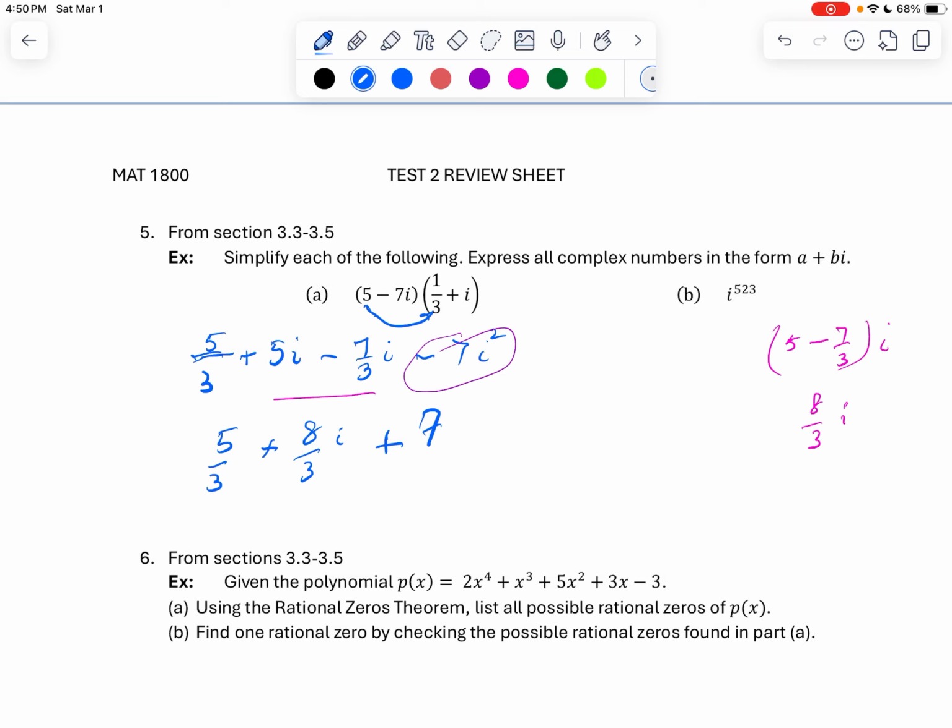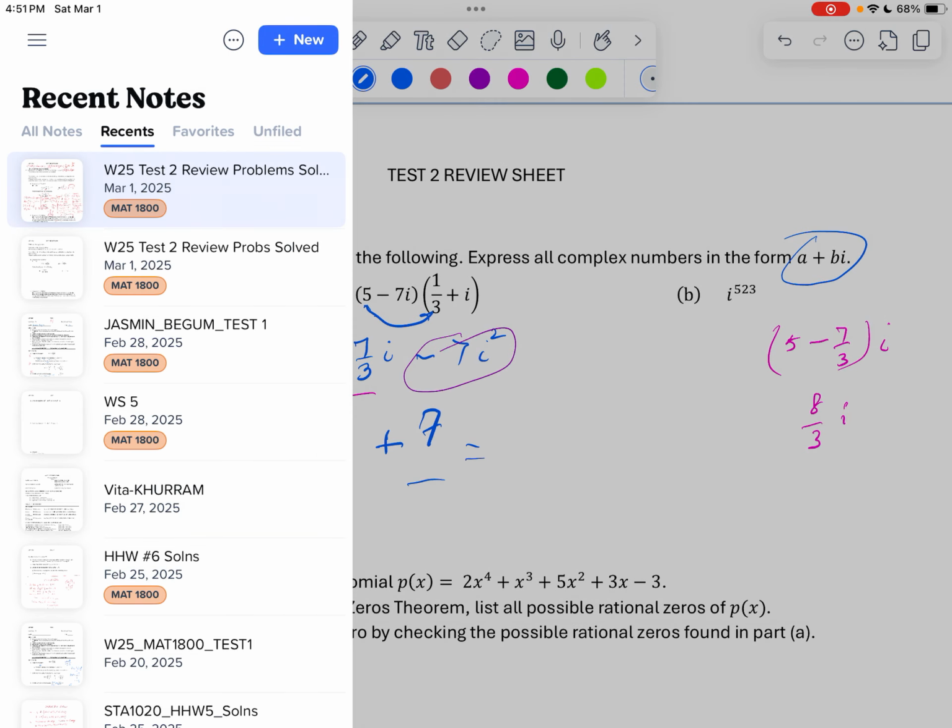Now note here that these two terms are constants. So we must add them together because our answer must be in that form, a plus bi, a number plus a number into I. Right now we have a number plus a number into I plus another number. That's not what we should have.